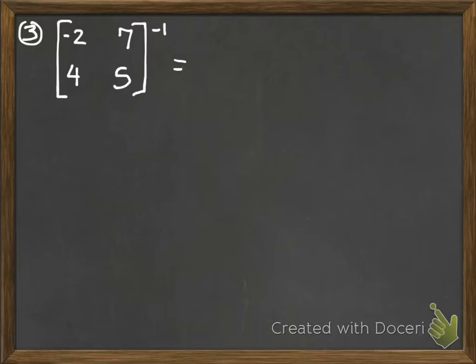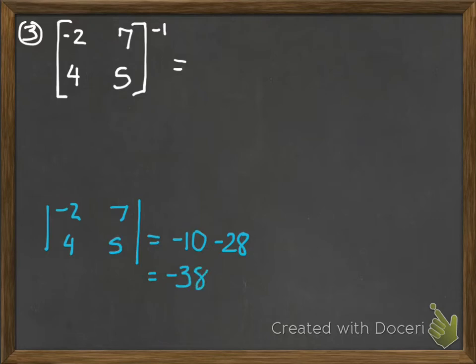And so the determinant of negative 2, 7, 4, and 5. So my downs, negative 10, my ups, 28, so that gives me a total of negative 38. So 1 divided by negative 38, and then for my matrix.